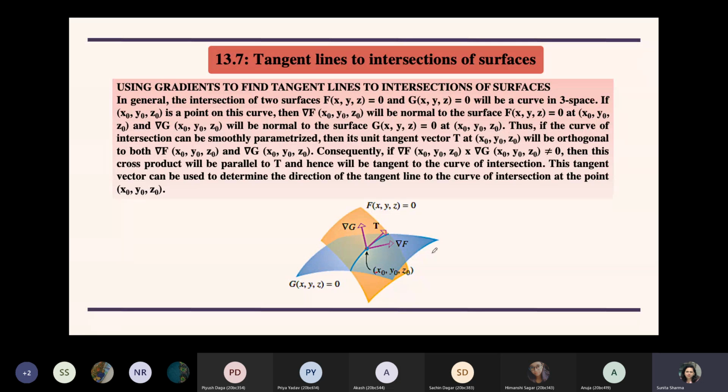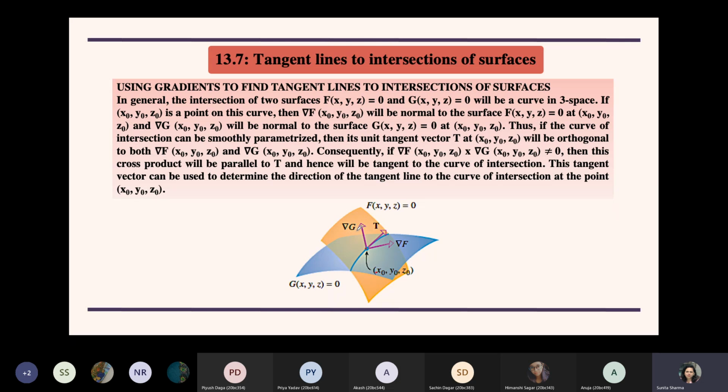So if I look at only the surface f first, I have a curve lying on f and passing through p naught, which is x naught, y naught, z naught, and I have taken this gradient. The gradient will be orthogonal to the tangent line. Now you look at the surface g.